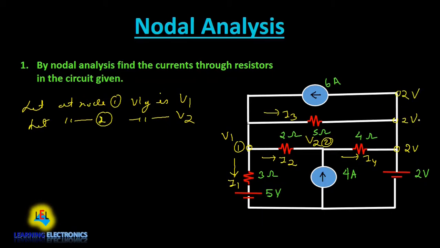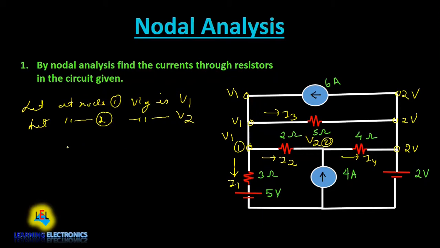Similarly, here also V1 will be there, because in between no component or resistance is connected, so no drop will be there. So the node 1 voltage will come here also and here also.